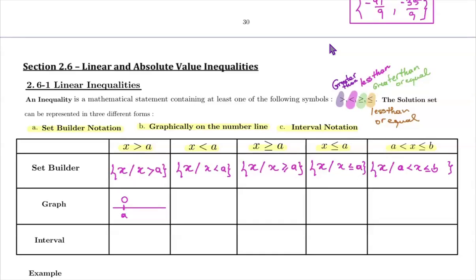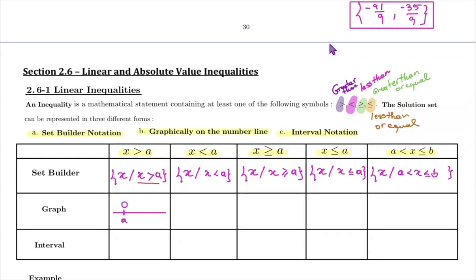Then x greater than a means we will take anything that is greater than a as the solution.